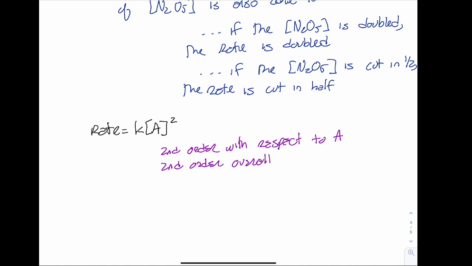And what that means is whatever I do to the concentration, I then have to square that to figure out what happens to the rate.